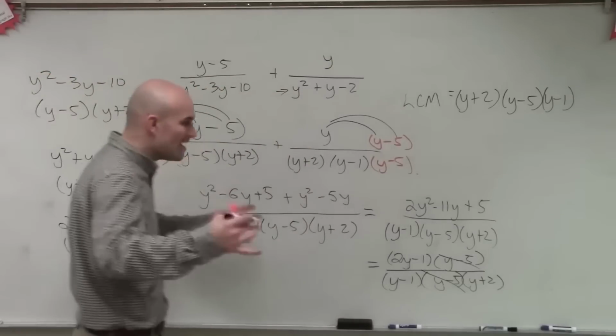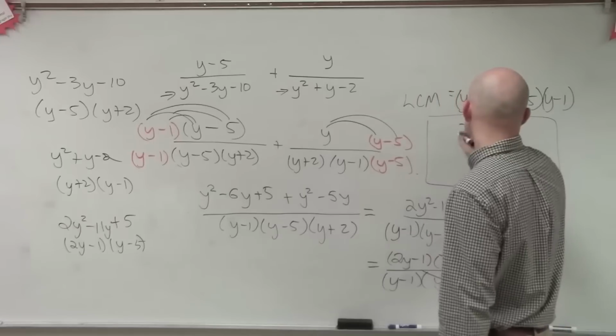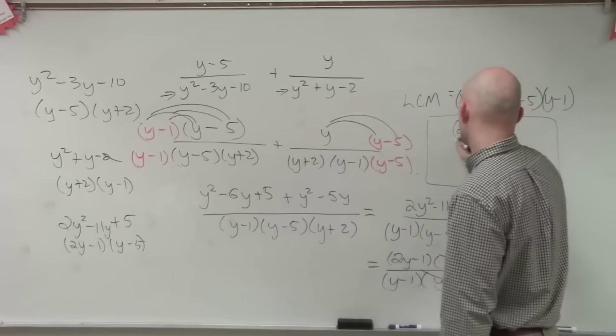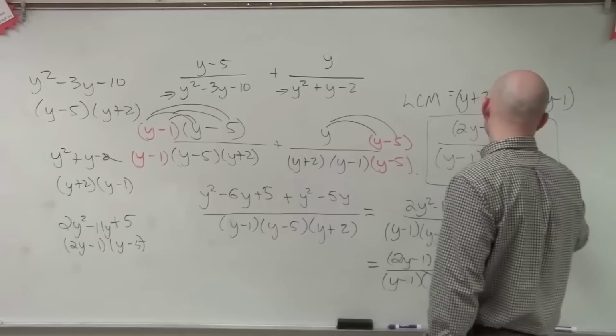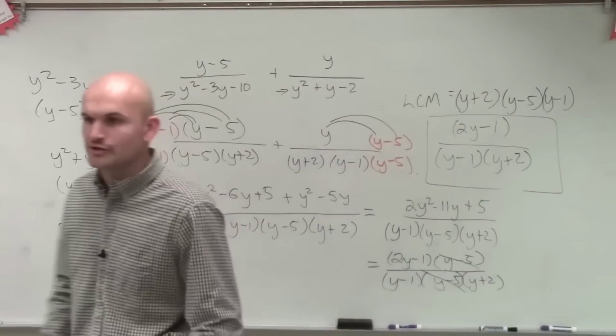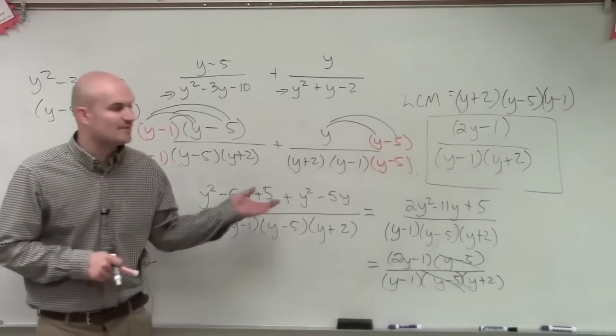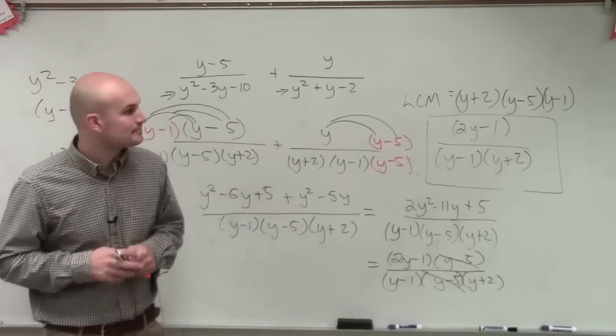So the final answer is going to be 2y minus 1 over y minus 1 times y plus 2. It's a long problem, has a lot of steps, but you need to make sure you can follow through and get everything. Does anybody have any questions on that? But that's how you would finalize that problem.